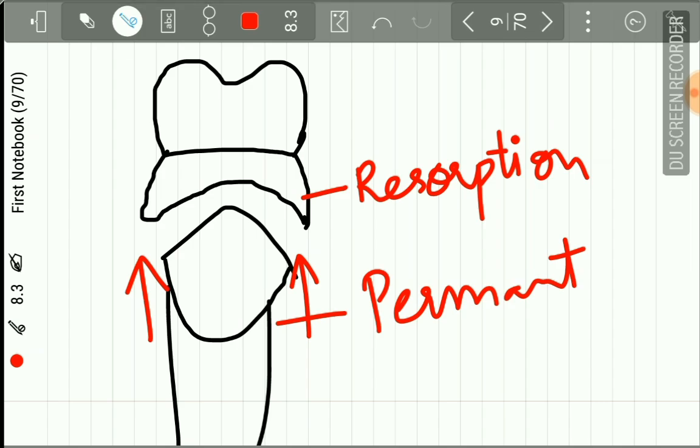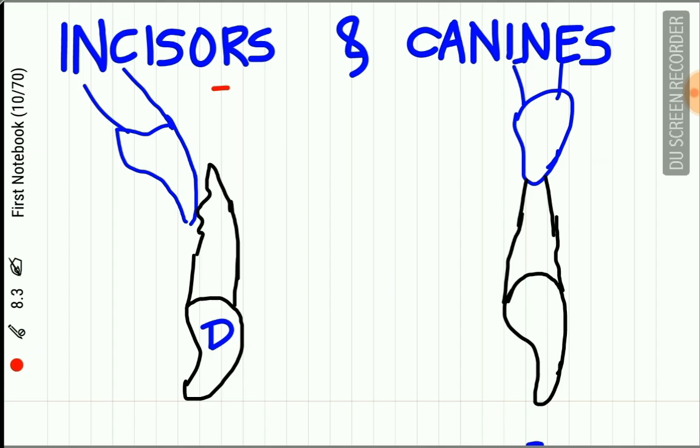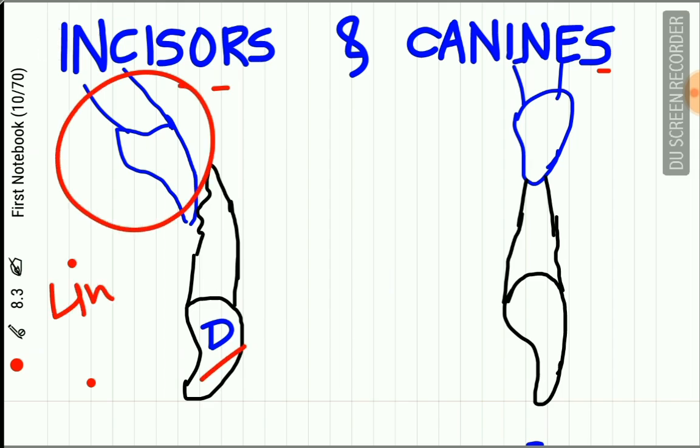The pattern of resorption is different in different teeth. Let us see how. For example, in the case of incisors and canine, initially the permanent tooth is present lingual to the deciduous tooth.